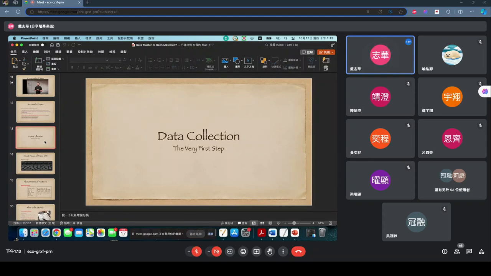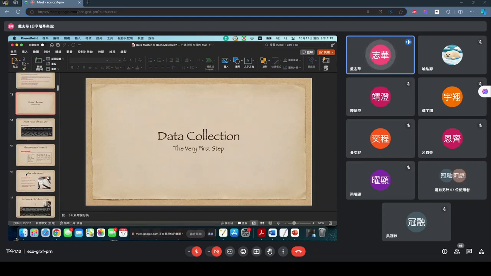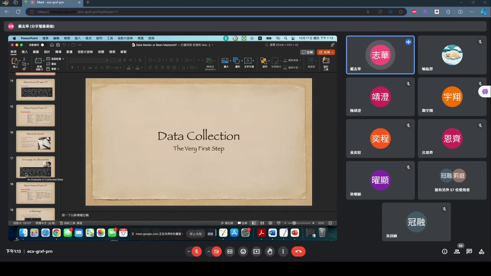That would address the issues of data balance and data diversity. So when we deal with data collection, we need to pay attention to those issues.